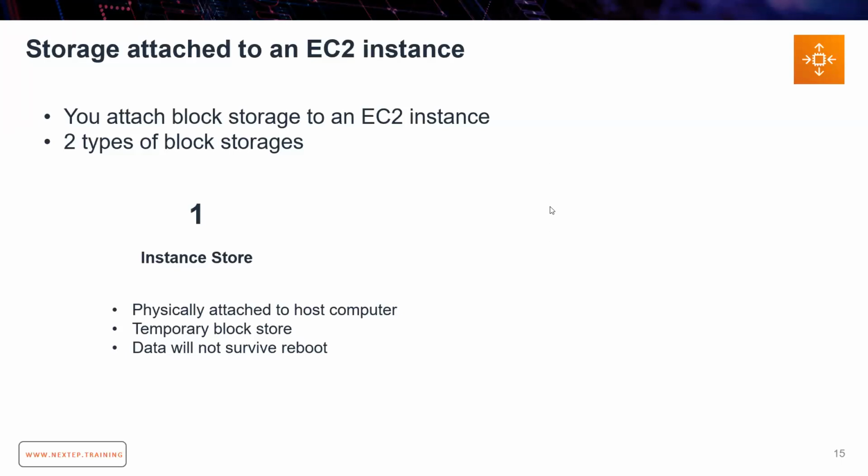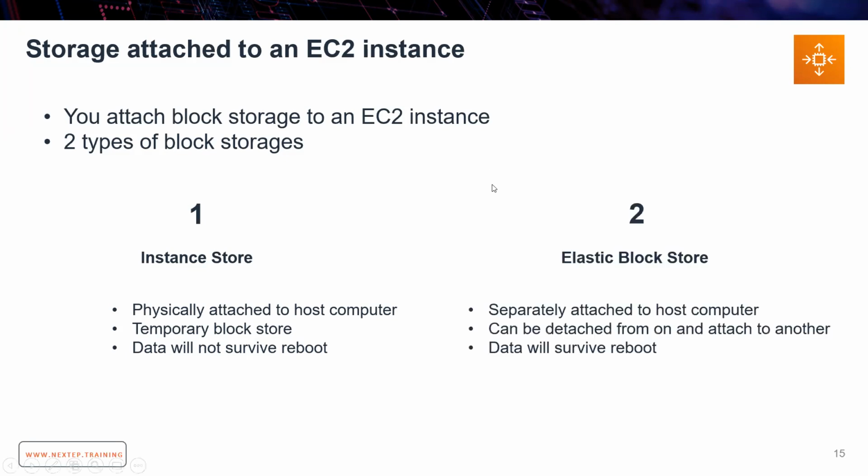So that's instance store, and the second one is permanent, which is EBS, elastic block store. We played with EBS volumes yesterday quite a bit. These are not physically attached to the host computer, but are separately attached.